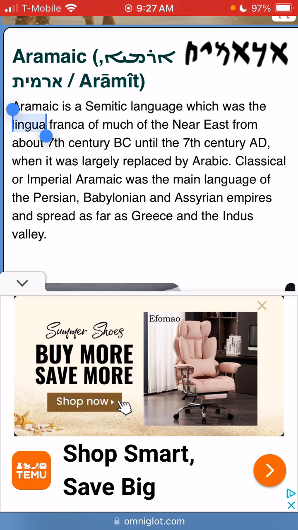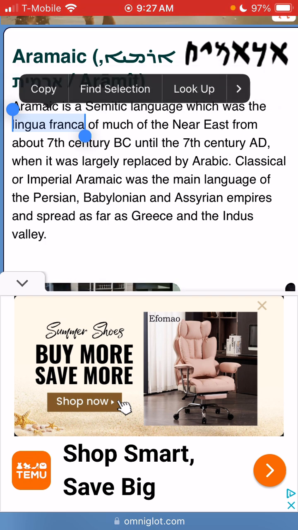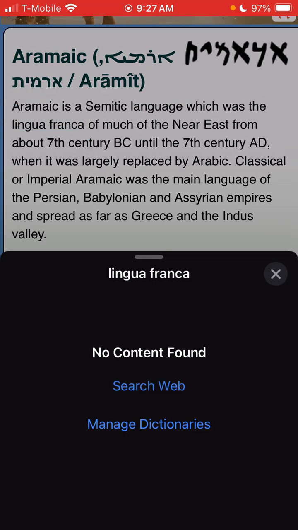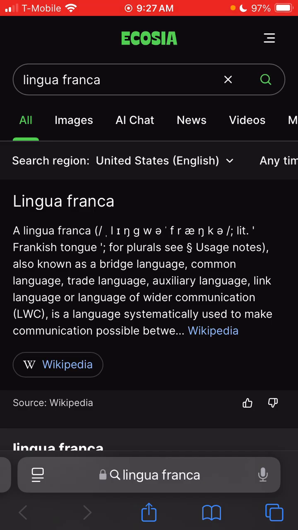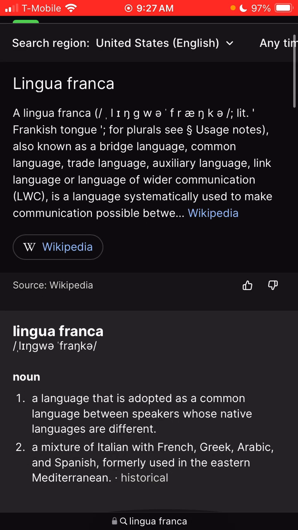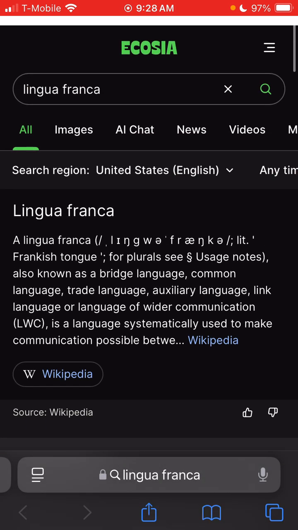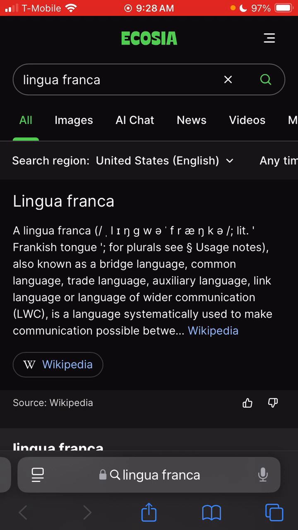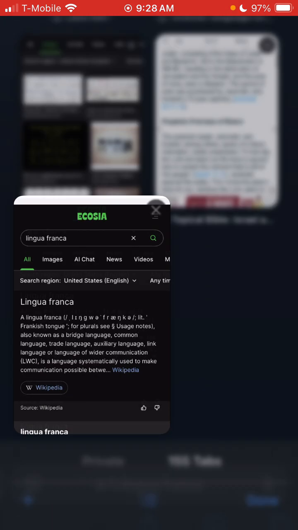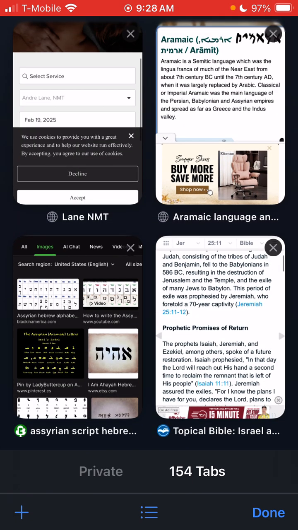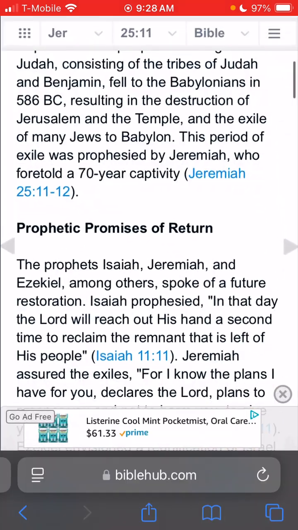If I look it up, lingua franca means a language that is adopted as a common language between speakers whose native languages are different. So like English, if you go to another country and there are two different tribal languages, they might have English as a common ground language. We can speak to each other in English, but we both have our own languages, which is common.